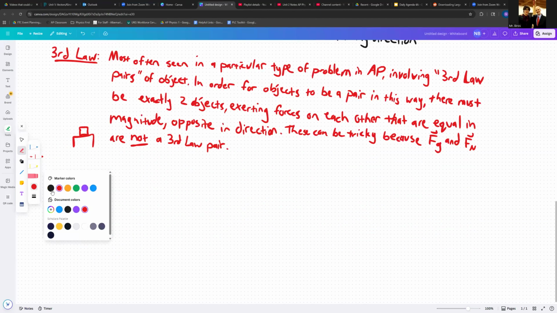All right, we're going to swap over to angled forces. So, see what we've got here.